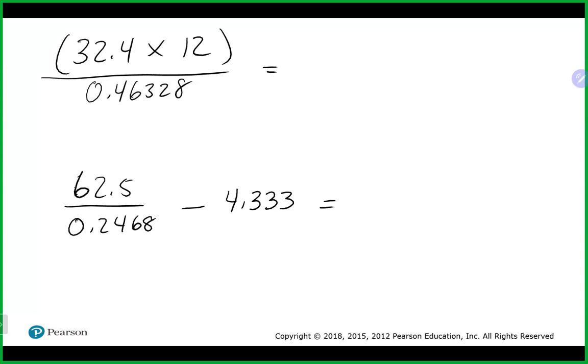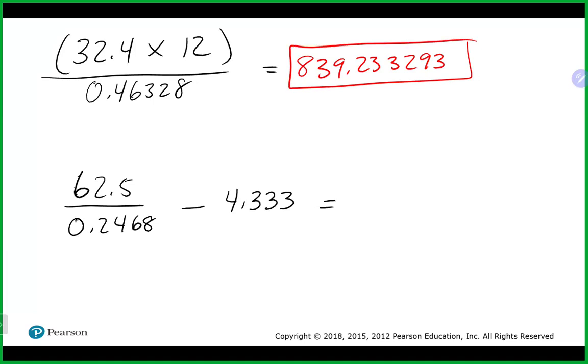And if I could hit that equal sign, maybe. There we go. So in this case, on our calculator, we will end up with a bunch of digits, which, as we hopefully know by now, are probably not the right answer digits. So on our calculator screen, we've got 839.233293. And now we've got to figure out where we should give our answer to.